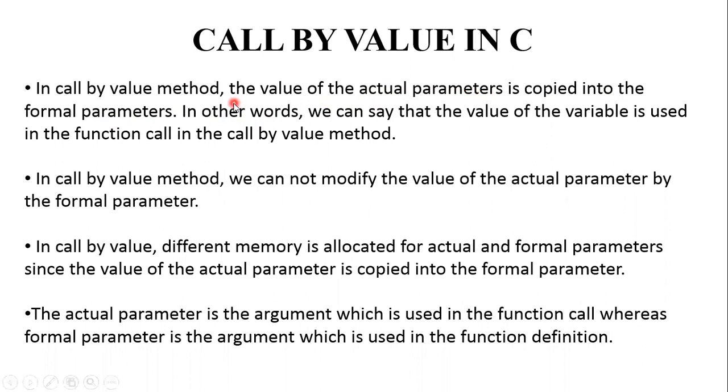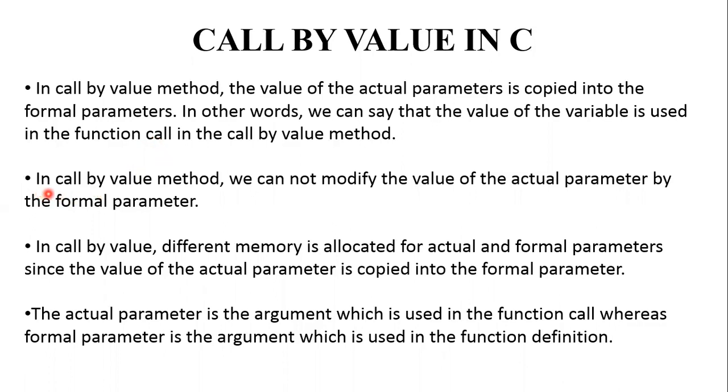This is very important. In other words, the value of the variable is used in the function call. So whatever variable you give will be used for the function call, by using the call by value method.